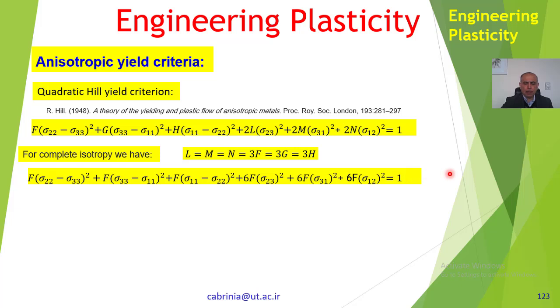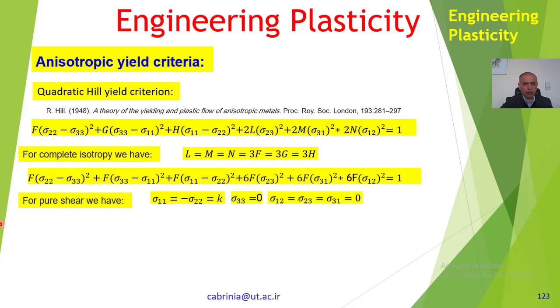Okay, and if I simplify this equation, of course, how can I do that? I can do a test like torsion, and we get pure shear in torsion. So if we get pure shear, then these values for the shear stresses are equal and equal to K, which is the yield value in shear. So sigma 1 is minus sigma 2 equal to K, and sigma 3 is 0, because for the torsion test that's how the stresses are.